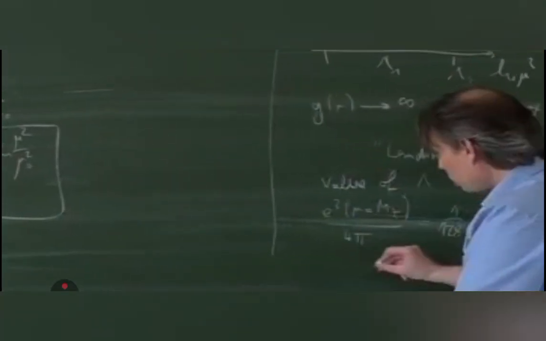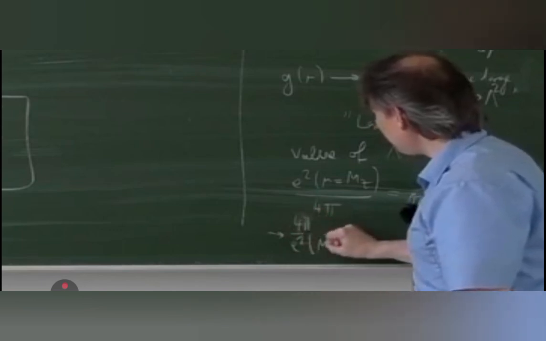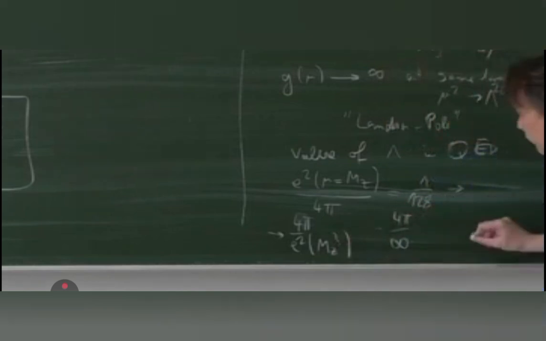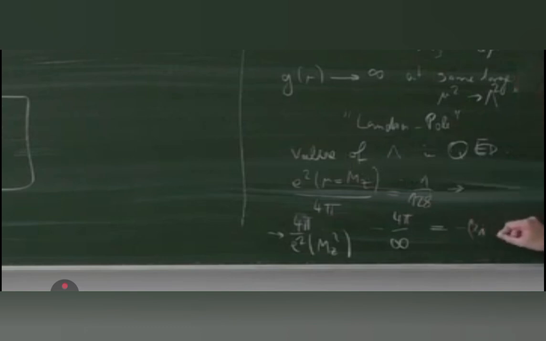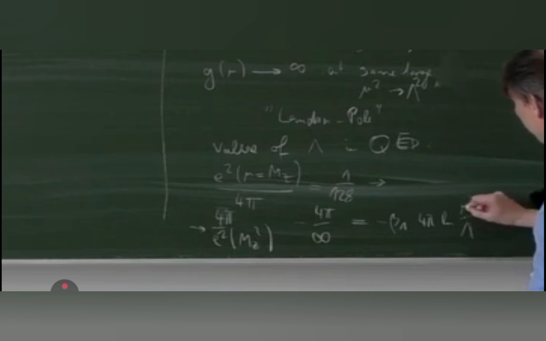So we would say 4 pi divided by E square of mz square minus 4 pi divided by infinity, according to the equation, gives minus beta 1 times 4 pi, because I multiply the equation with 4 pi, times ln mz square divided by lambda square.